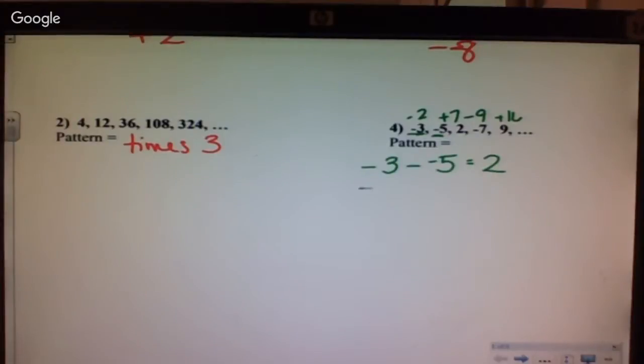So let's see if it works. -5, that number, and subtract minus 2. So your pattern is to use the previous 2 numbers and subtract them to get my next number. So in other words, in order to get 9, I need to take 2 minus -7.